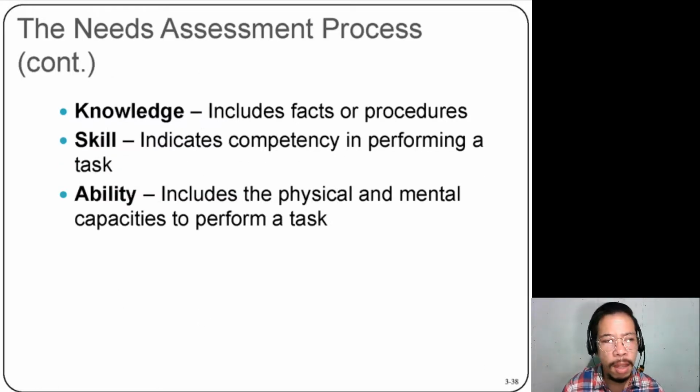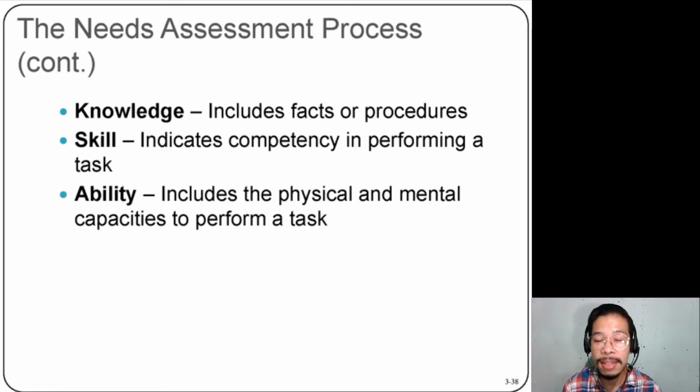So, I've been mentioning KSAs before. K here stands for knowledge, and that includes the facts and the procedures. Skill here is the competency in doing, like the application of the knowledge, and ability here includes the physical and the mental capacities to perform a task.